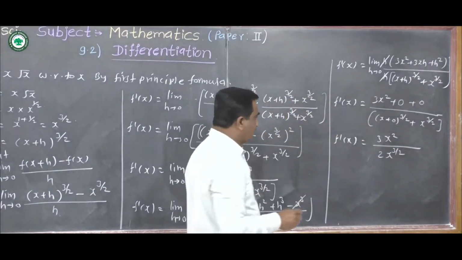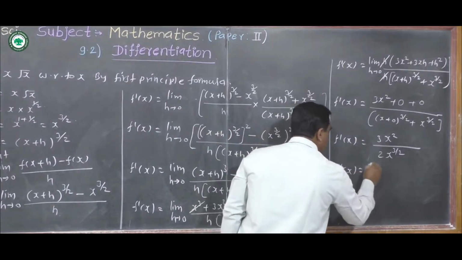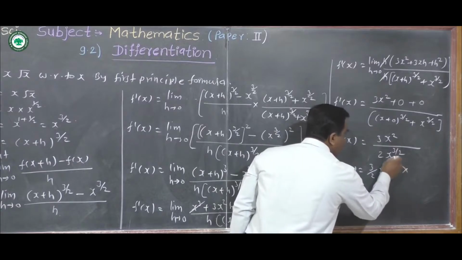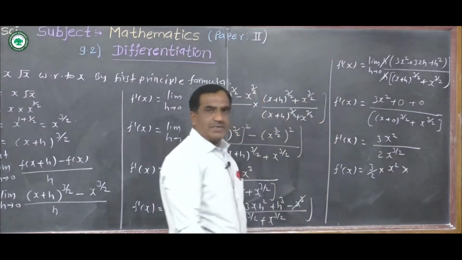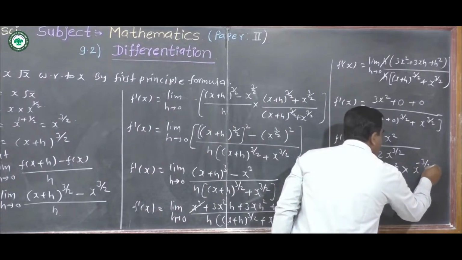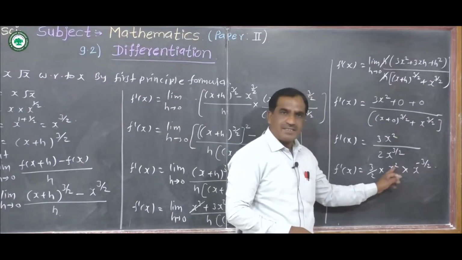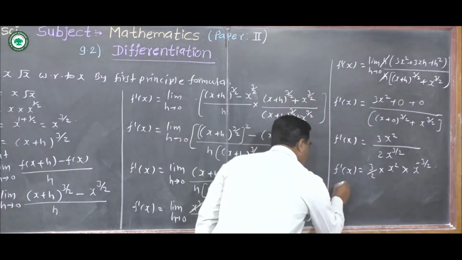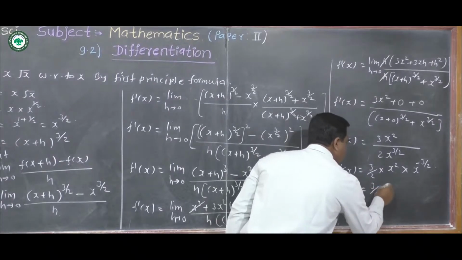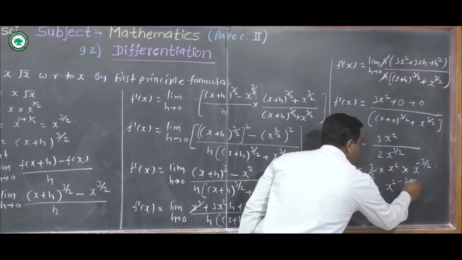Okay, simplifying this, we can write f dash of x equal to 3 upon 2 into x square. We can take this 1 upon x raised to 3 by 2 at the numerator. This becomes x raised to minus 3 by 2. Now here the base is equal, take addition at the index. By rules of indices, we can write f dash of x is equal to 3 by 2 into x raised to 2 minus 3 by 2.